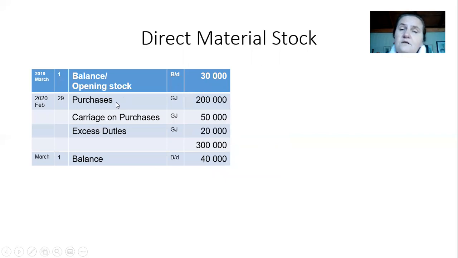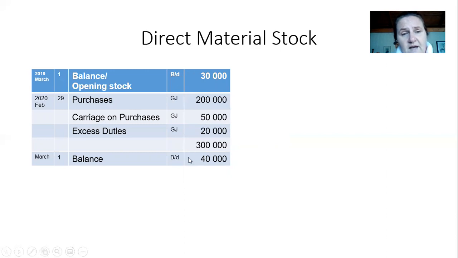This can also be done in the perpetual inventory system, so you need to look at the information that they give you to decide which of the two methods to use. But if this is purchases, then it also means I can have carriage on purchases and excise duty and any other cost incurred in the acquisition of my stock will have to be added.